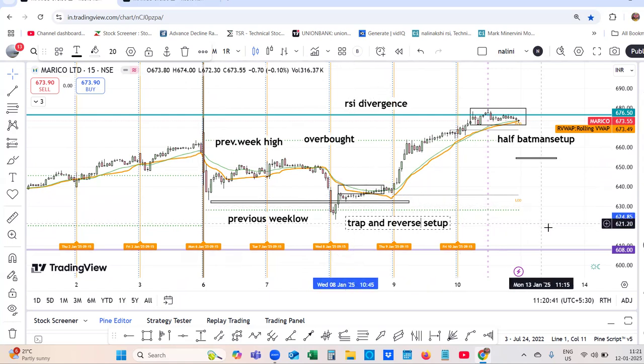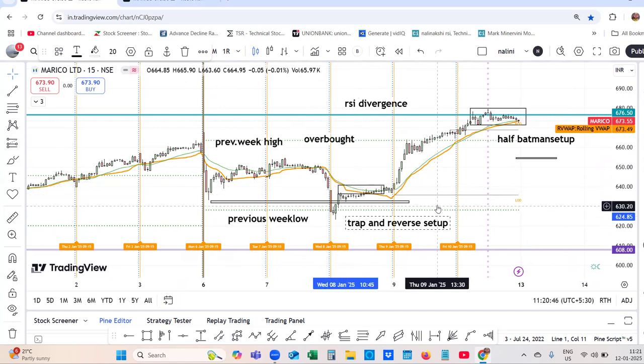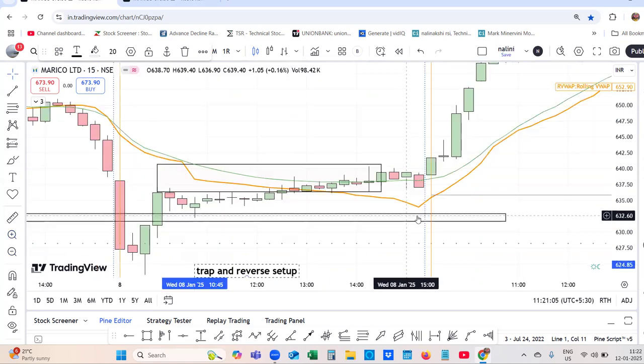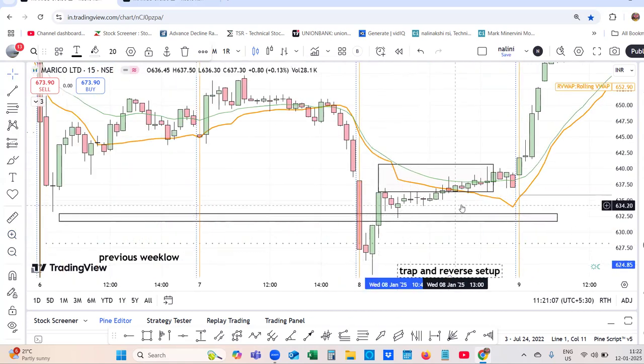You can see, combined in this indicator, there is a moving average. The green line is the 21 period moving average and the yellow line is the rolling volume weighted average price. You can see the logic over here: when the price started reversing, the price climbed above the rolling volume weighted average price.